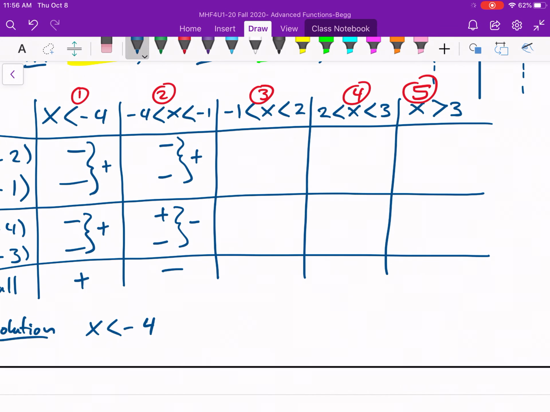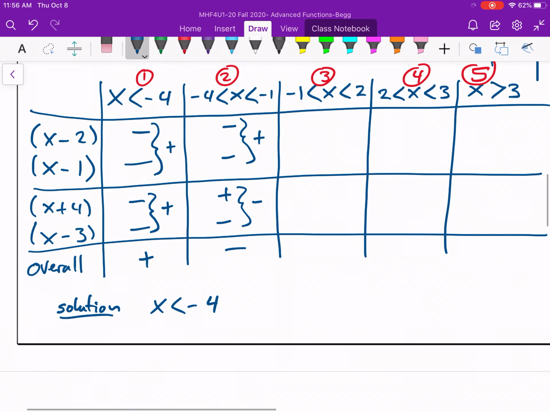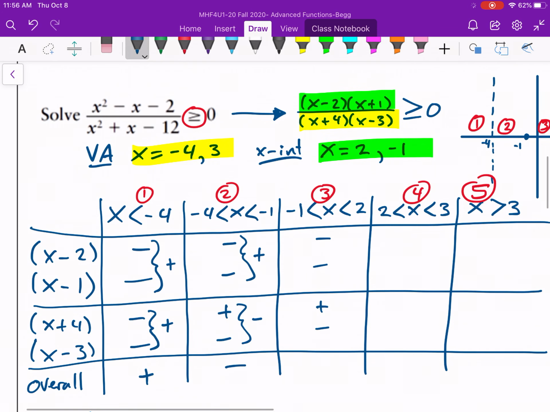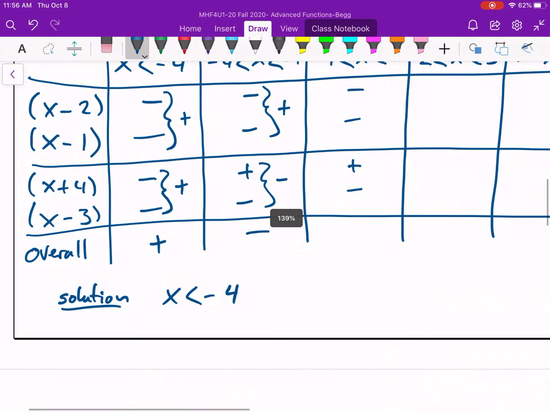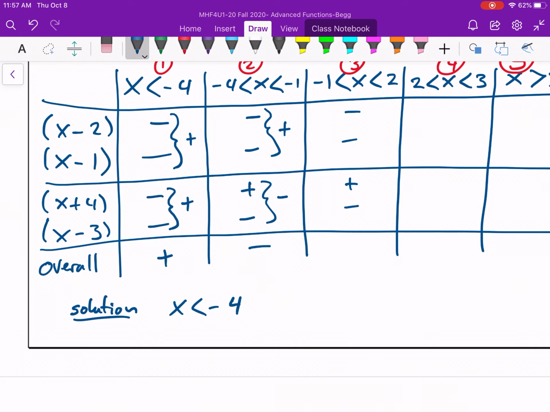Between -1 and 2, let's pick 0. That's an easy one. What we get is negative, negative, positive, negative. Interesting. All right, that didn't turn out the way I expected. I realized I made a small mistake. It's not going to affect a lot of things, but I've got to be very careful of being careless.